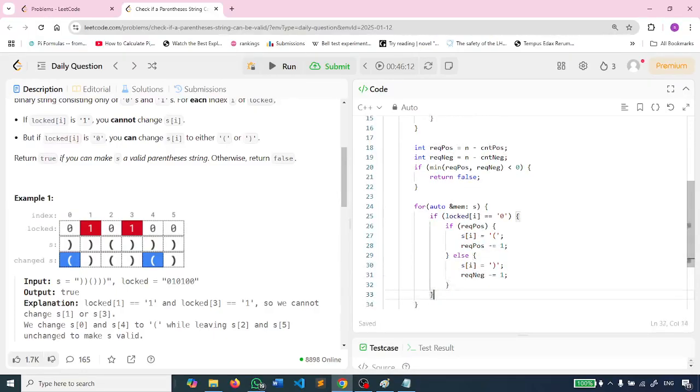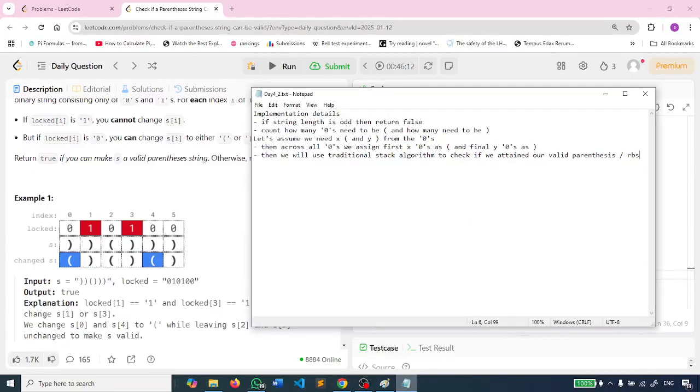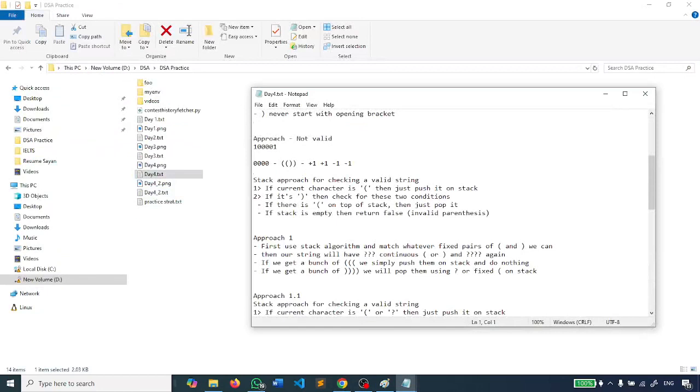Okay, now we apply our traditional stack algorithm check to make sure, which is basically, let me open my first document, a4.txt, which is basically this approach. If the current character is an opening bracket, then just push it on the stack. If there's a closing bracket, then check for these two conditions. If there is the matching one on top of the stack, then just pop it.